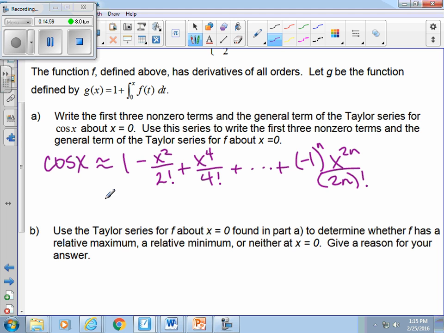Use this to write the first three non-zero terms and the general term for the Taylor series for f about x equals 0. Well, I know f of x, the top part of f of x, is the part I need a series for. I don't need a series to write negative 1/2.